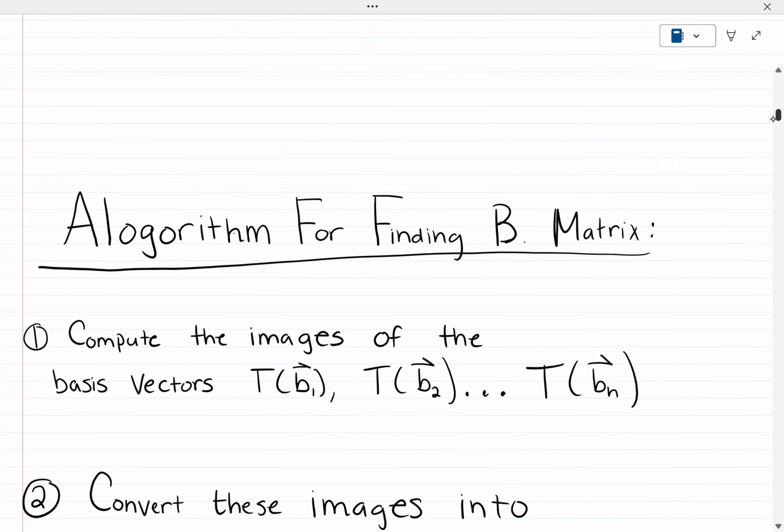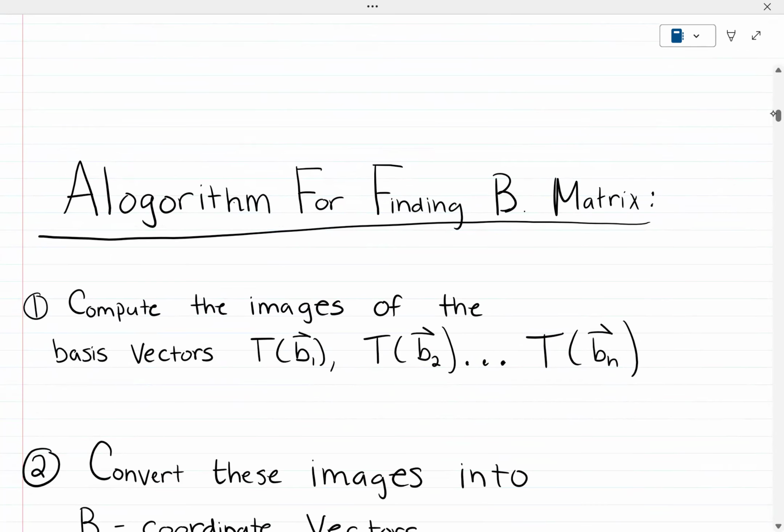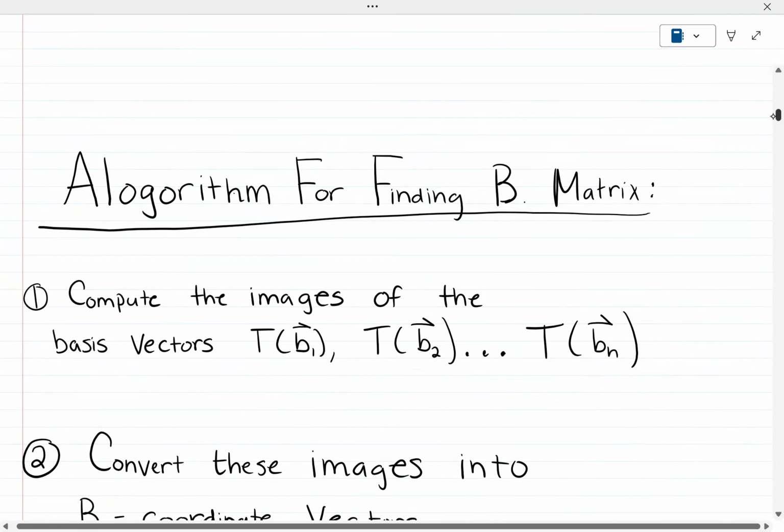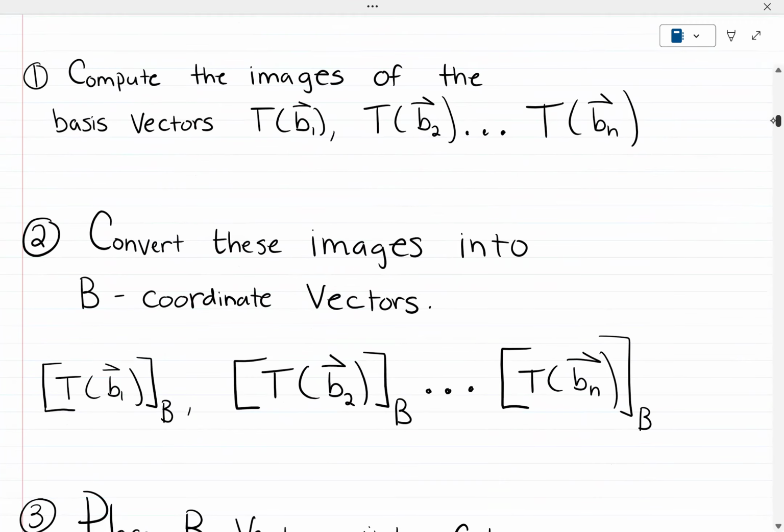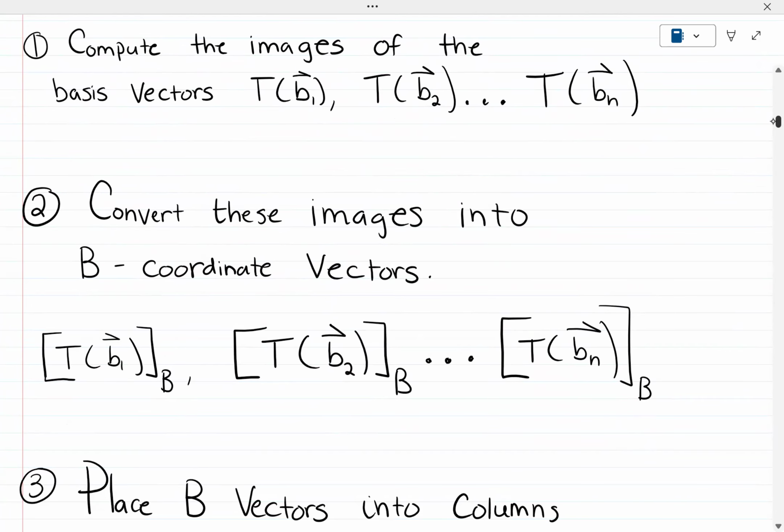Okay, so let's talk about the algorithm for finding the matrix. First step, compute the images of the basis vectors T(b1), T(b2), etc. Step 2, convert the images into C-coordinate vectors.